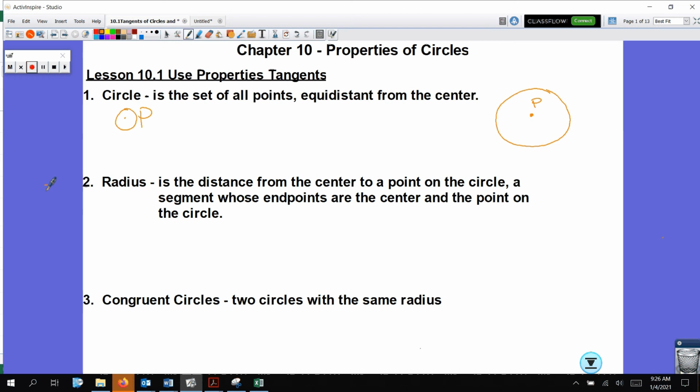Radius is the distance from the center to a point on a circle, a segment whose endpoints are the center and the point on the circle. It sounded crazy when I said it out loud, but you know what a radius is, right?